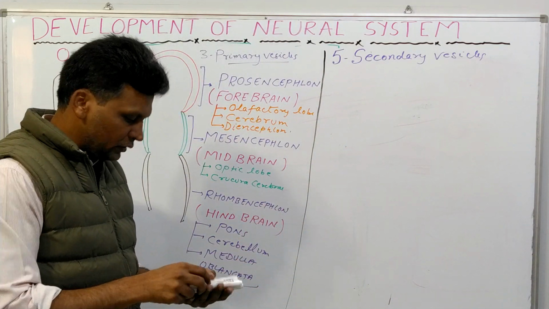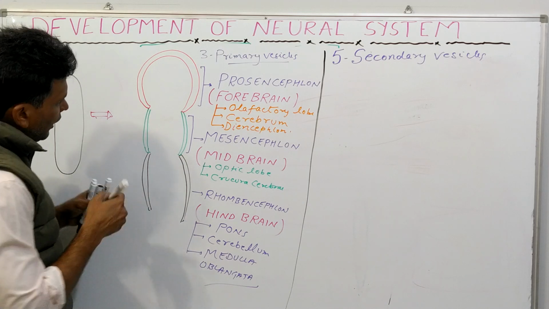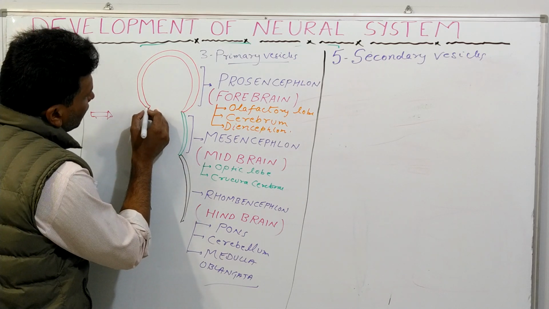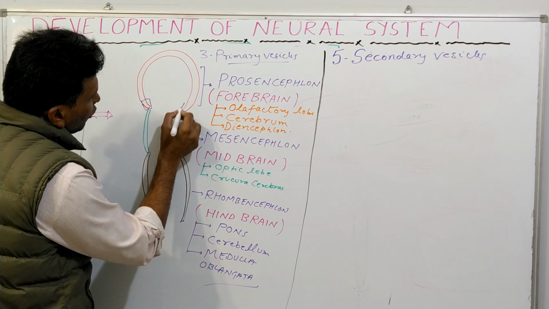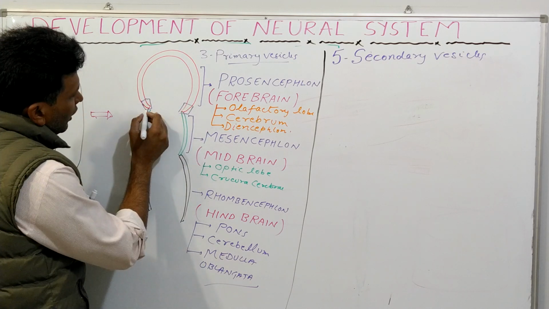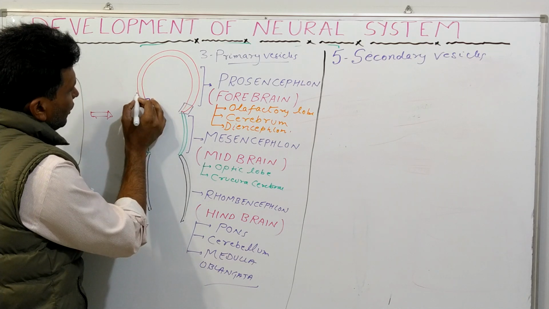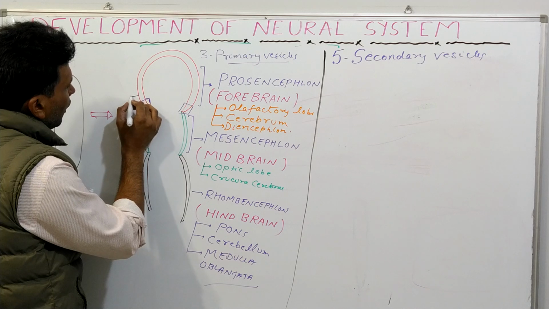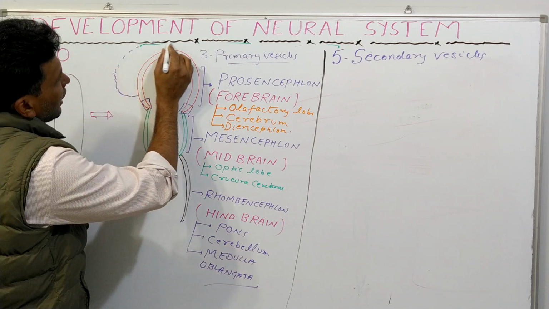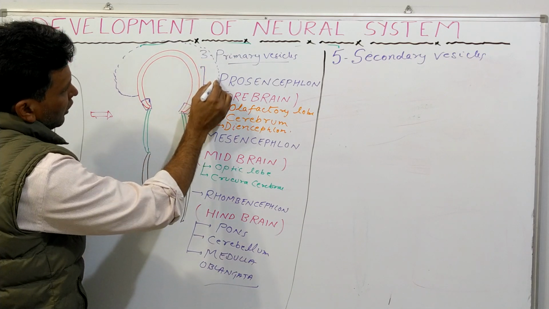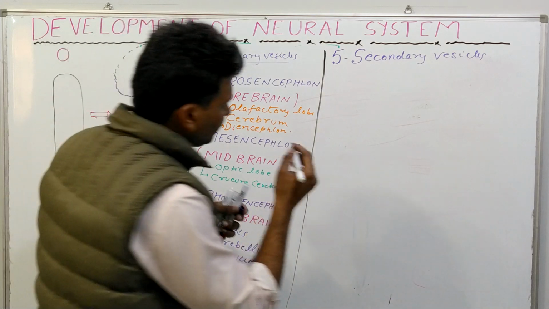Here actually what happens in this area: this portion will remain constant. It will not enlarge and it will be fixed. But this portion will spread further, it will be further enlarged and move forward.